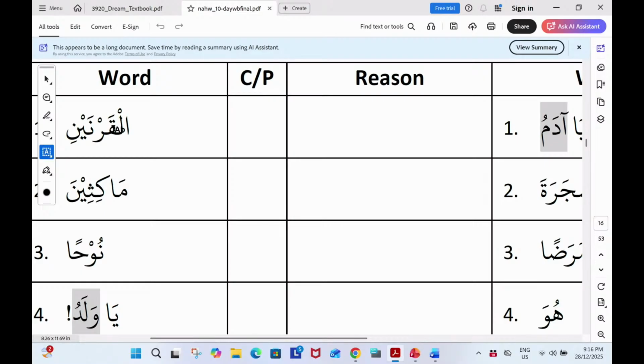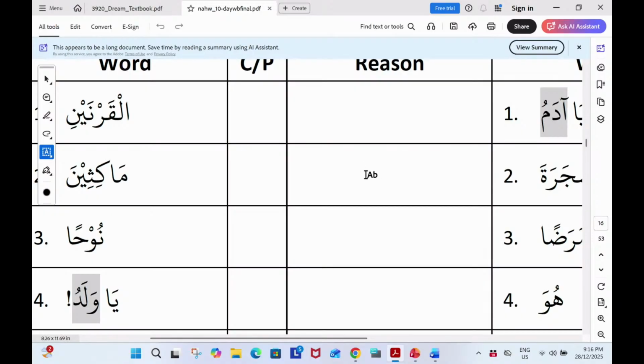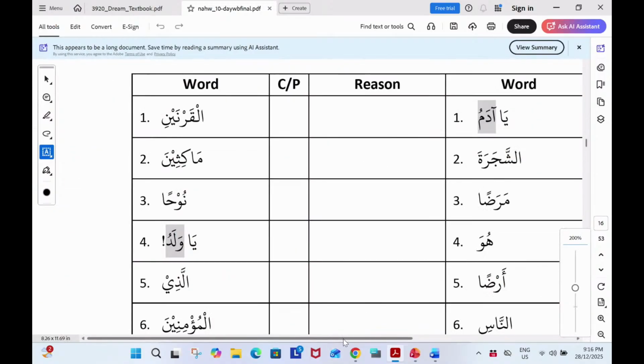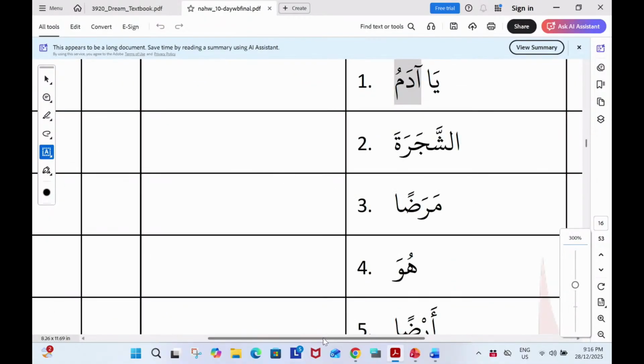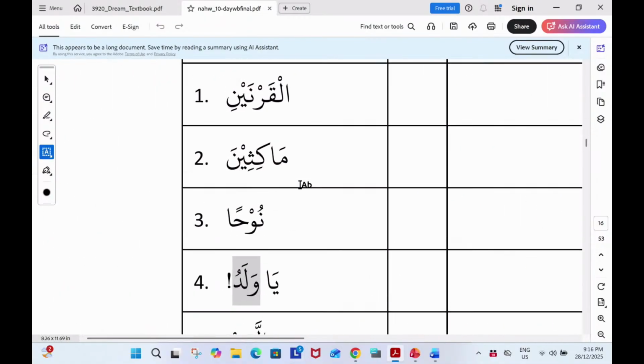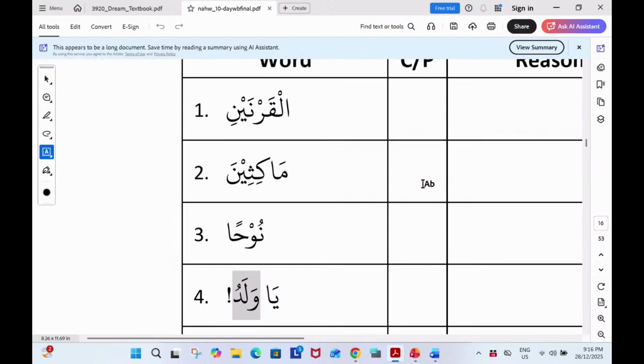You can write down the reason as well, that this is starting with al. Now, makithina, we don't have any reasons to call this one proper. So we will say this is common, and this is the default, right? So you can write the reason as default.